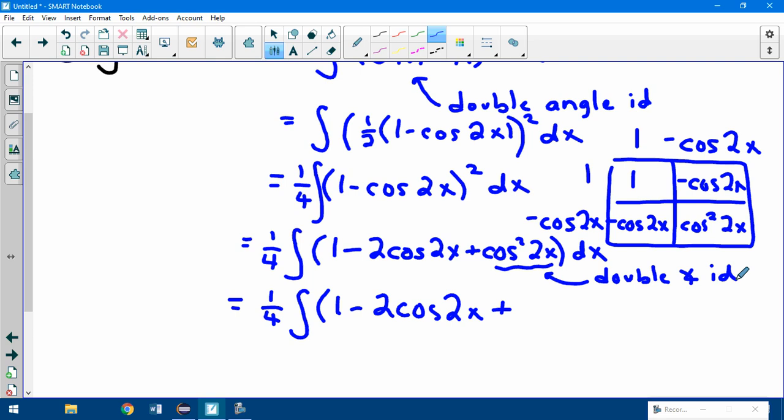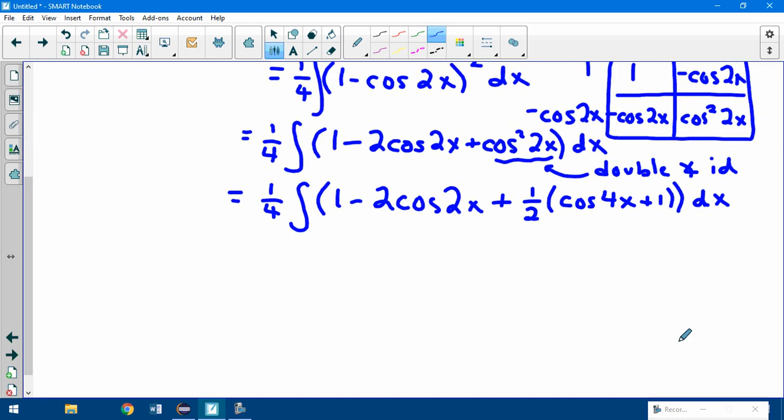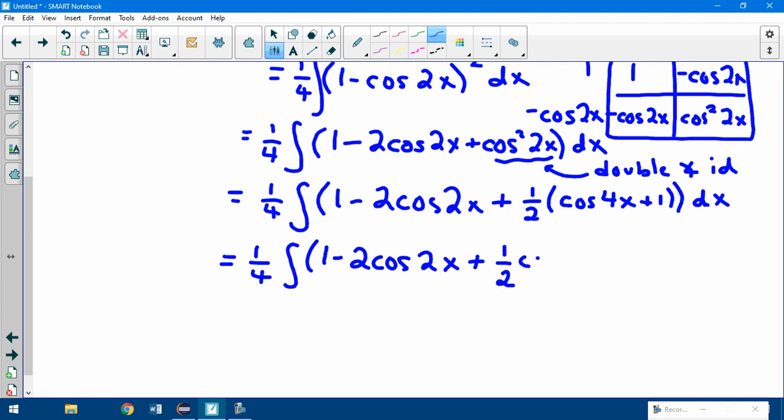So it's going to be plus 1/2 times cosine of 2 times 2x, which is 4x, plus 1 dx. Isn't this getting fun? So this is 1/4 times the integral of 1 minus 2 cosine of 2x plus 1/2 cosine of 4x plus 1/2 dx.